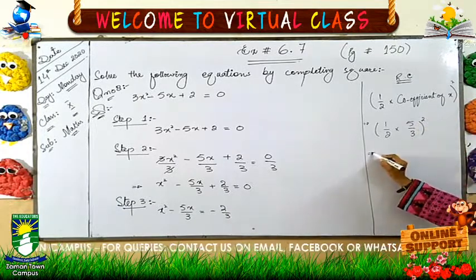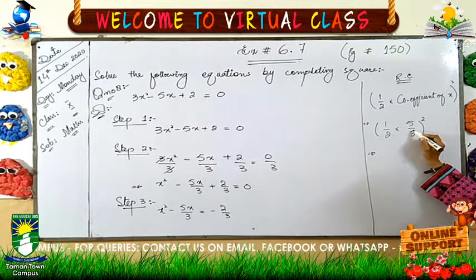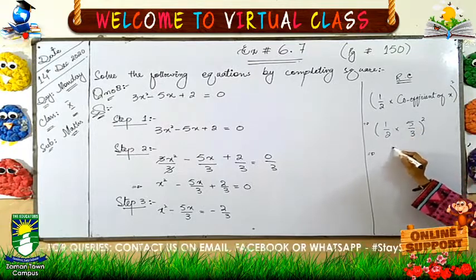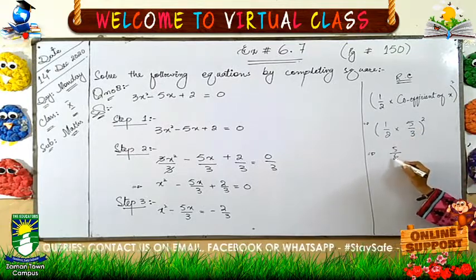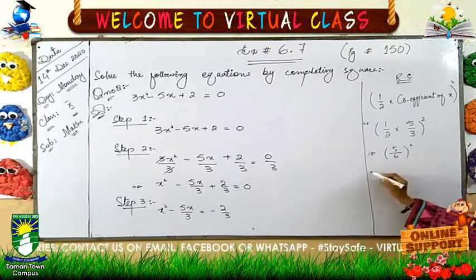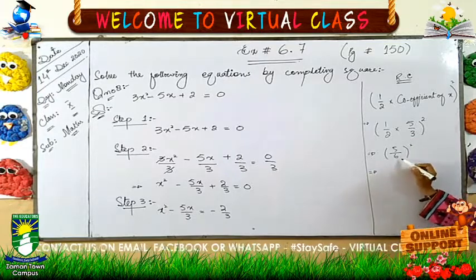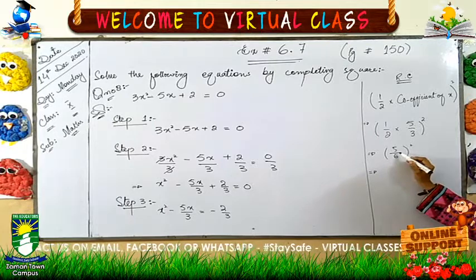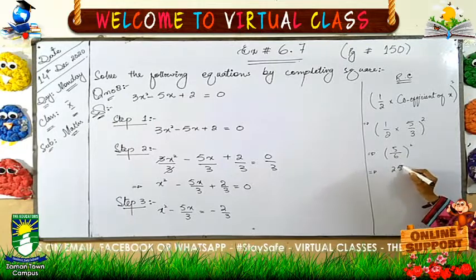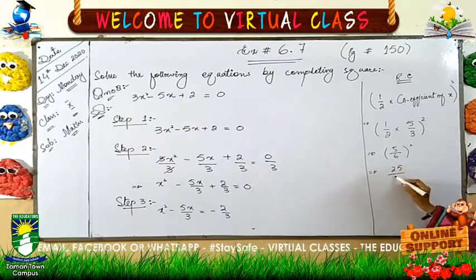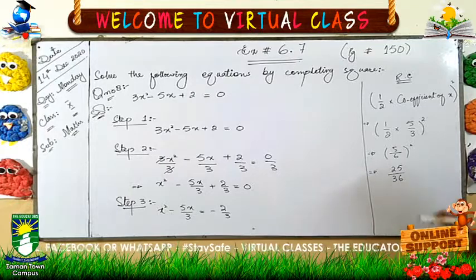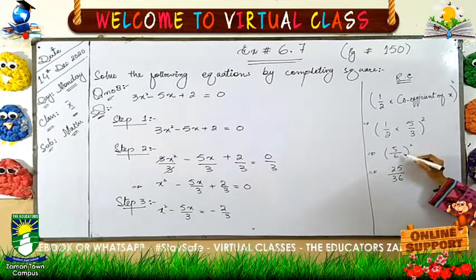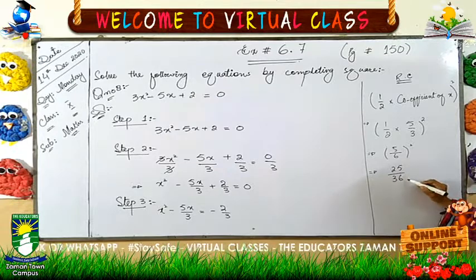Simplifying, 1 upon 2 multiplied by 5 upon 3 means 5 ones are 5, 2 threes are 6. Taking the square, 5 square means 5 fives are 25 upon 6 square means 6 sixes are 36. So the square of 5 upon 6 is equal to 25 upon 36.